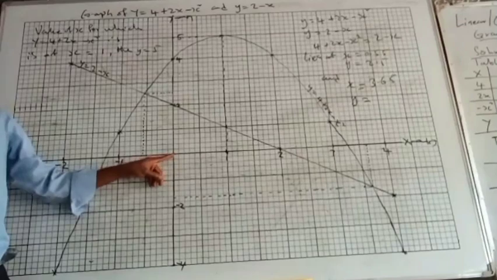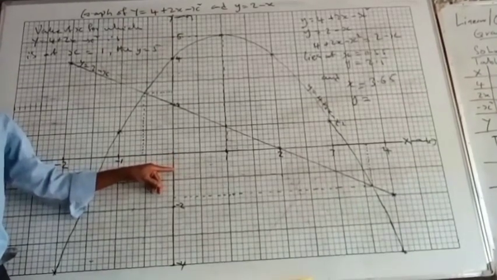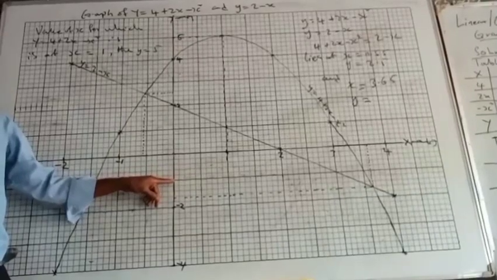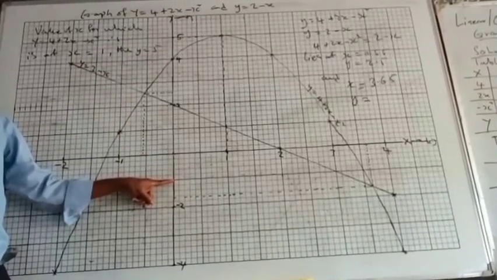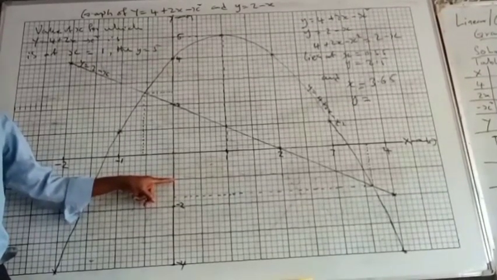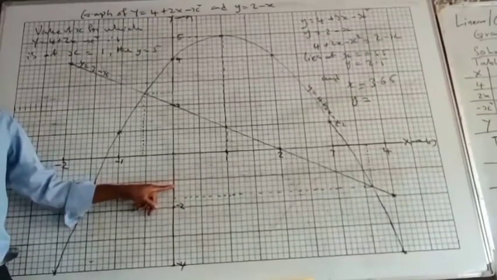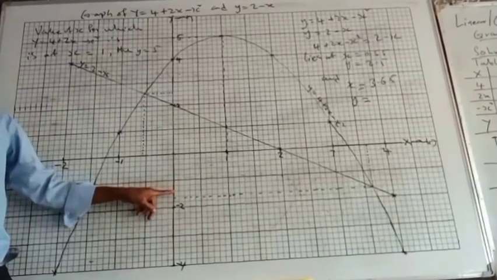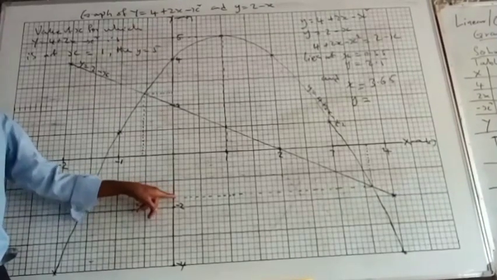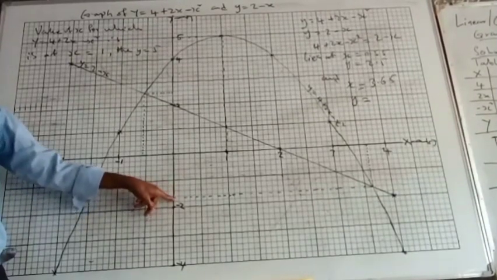This is 0, right? 0.2, 0.4, 0.6, 0.8, 1, 1.1, 1.2, 1.4, 1.6.